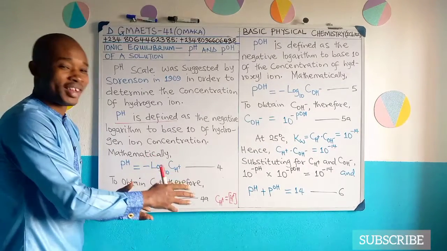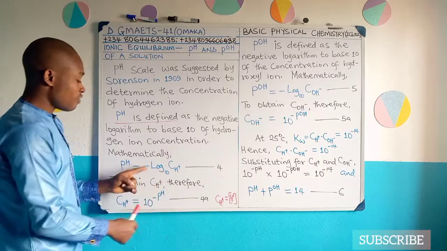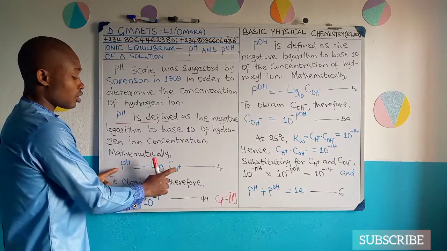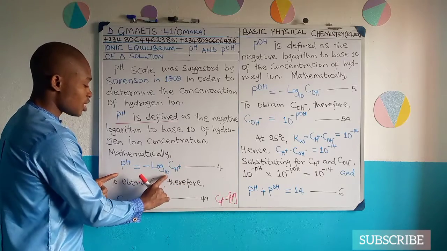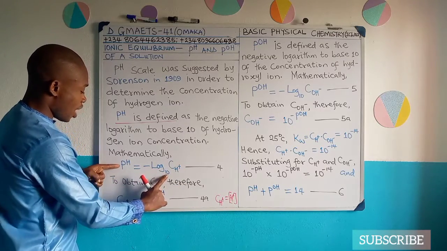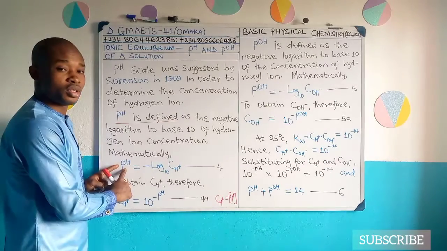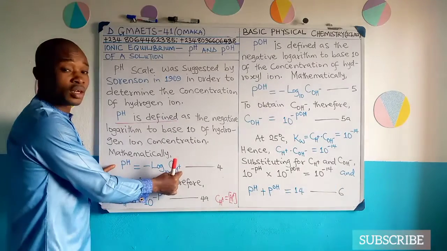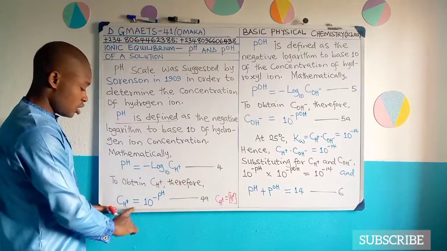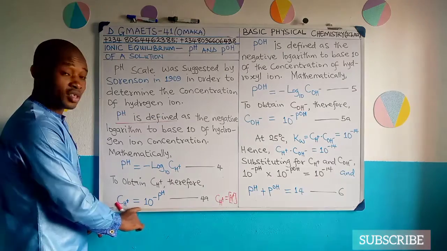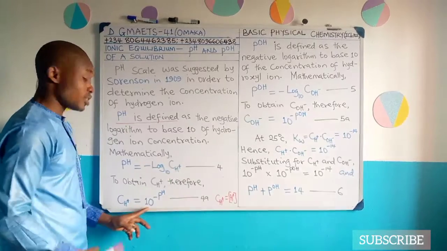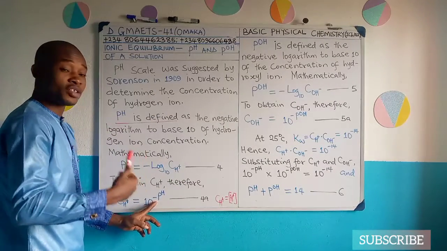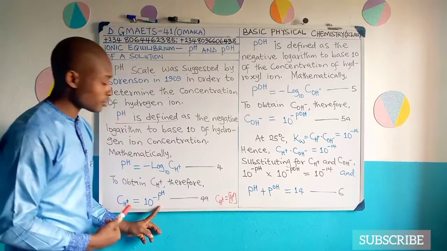We're just dealing with mathematics here, in logarithm. All I need to do is to raise this 10 to the power of minus pH. What it's going to give to me will be concentration of hydrogen ion. And that is why I wrote this equation 4a. For us to get hydrogen ion concentration, it's simply 10 raised to the power of minus pH.